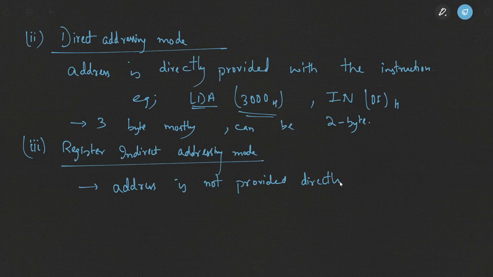The address of the memory location is not provided directly, but the address is fetched from a register pair.